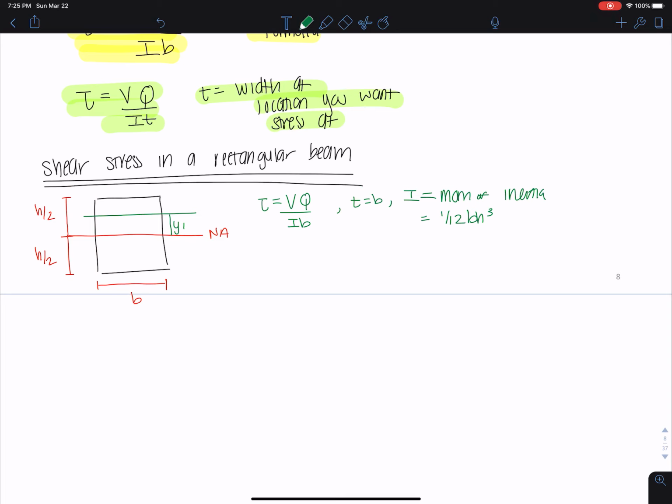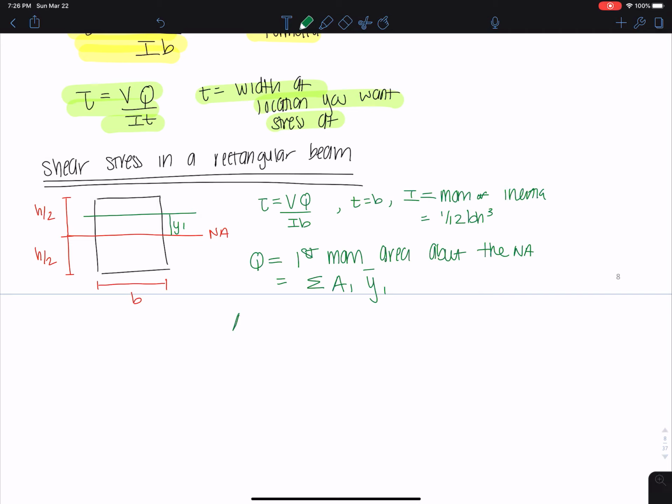Okay. And then here, Q, this is the new stuff. Q is equal to the first moment of area about the NA, which is equal to the area, and I'll show you which area we're talking about, times the y bar, which is very similar to that yA that we've already done in the last topic, topic 5, but I'll do it here again.